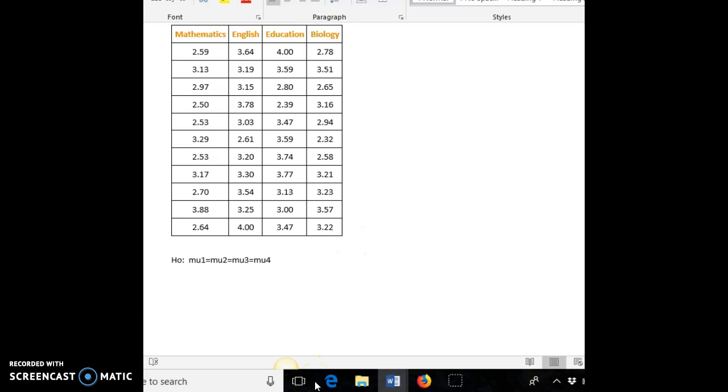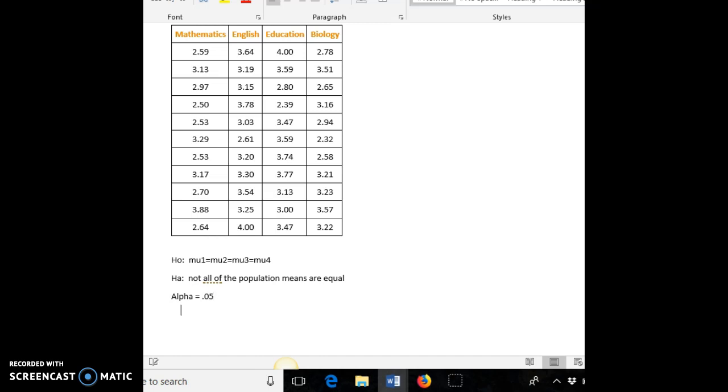And then our alternate is always that not all of the population means are equal. So that's that one of these may not match the others, or several of them might not be the same as the others. Okay, so first thing we need, let's note that alpha was 0.05 from above.